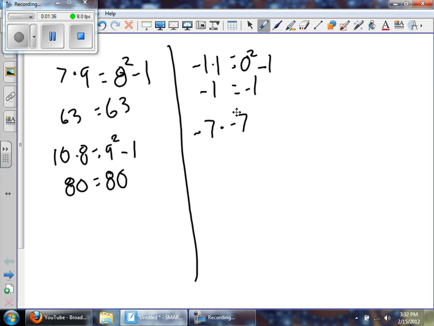Oops, that's not a 5 at all, that's 7. Take negative 7 times negative 5. Well, if our theory is correct, this is going to be negative 6 squared minus 1. So negative 7 times negative 5 is 35, equals negative 6 squared, which is 36, minus 1 is 35.